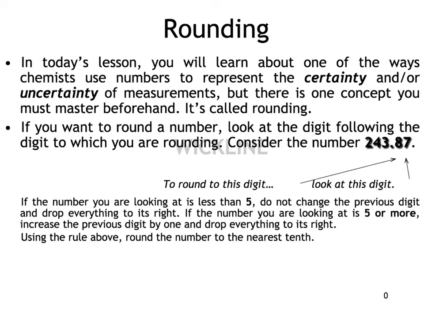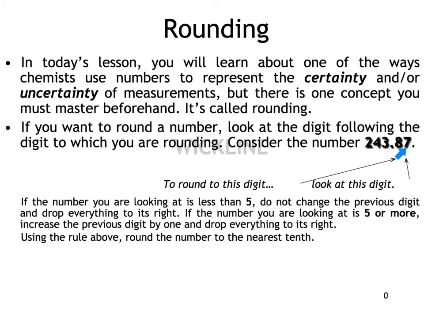So rounding, here's a quick review. When we are rounding a number like this one, for instance, let's say that the instruction is to round to that digit, the 8. If that's the instruction, then it's not really the 8 that's our primary concern. What we actually need to be looking at more carefully at the moment is the digit that follows the 8.